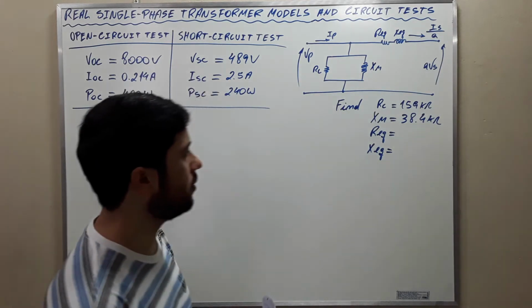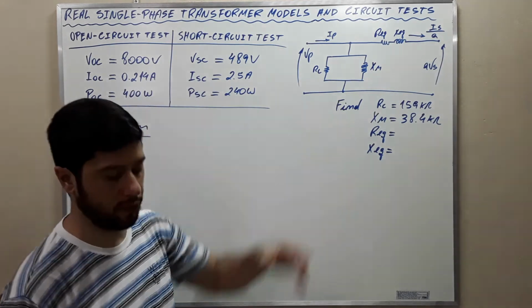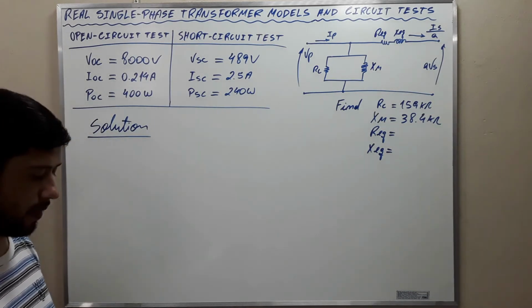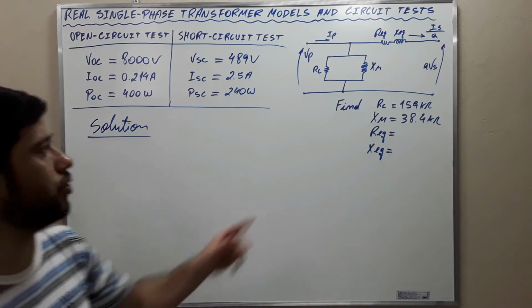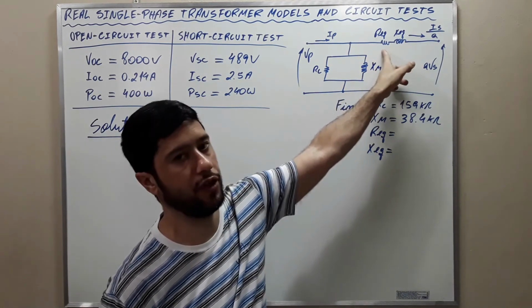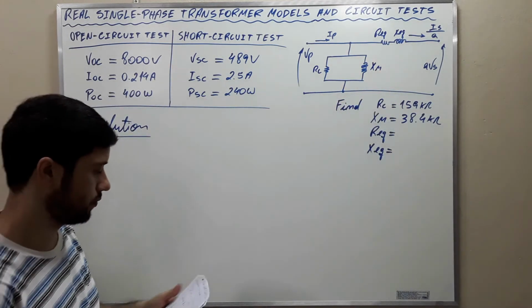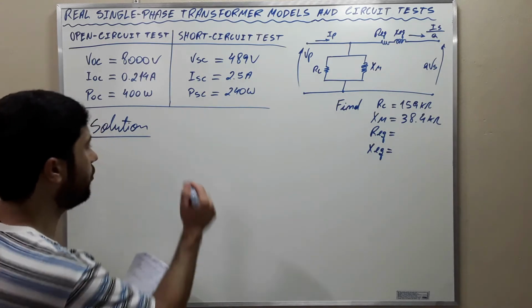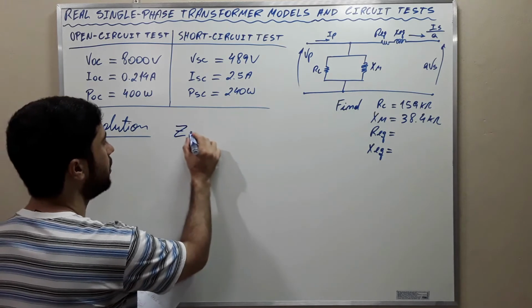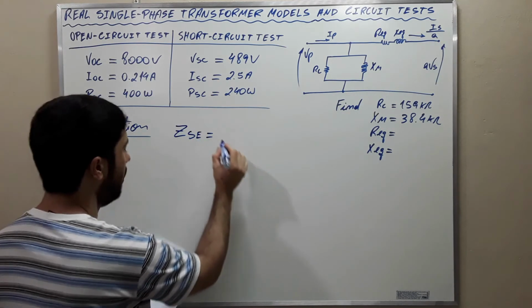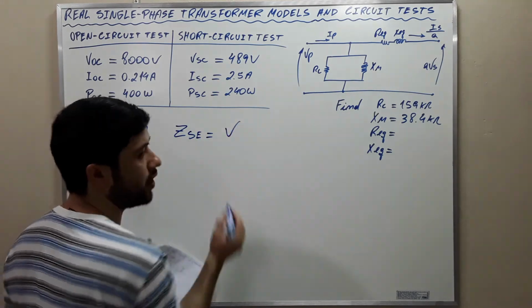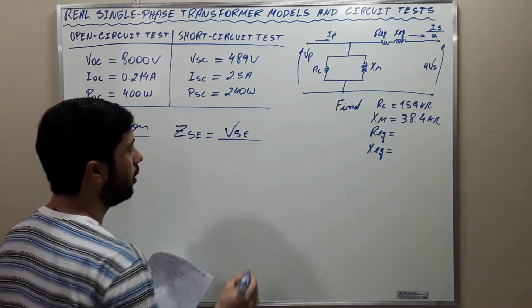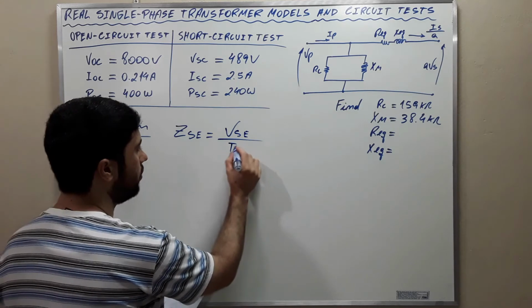To find these terms here, we need to use the short circuit test. And the short circuit test will provide the series impedance. And how do we find the series impedance? We simply use ZSE equal to the division between the series voltage and the series current.